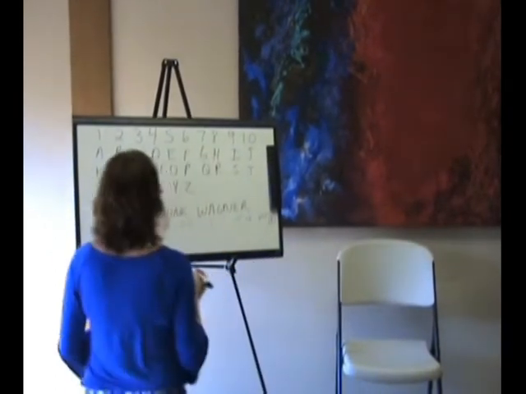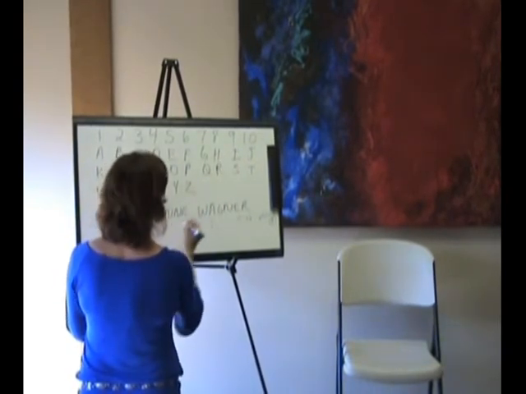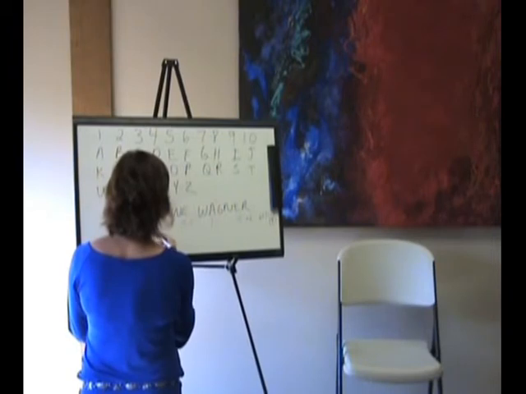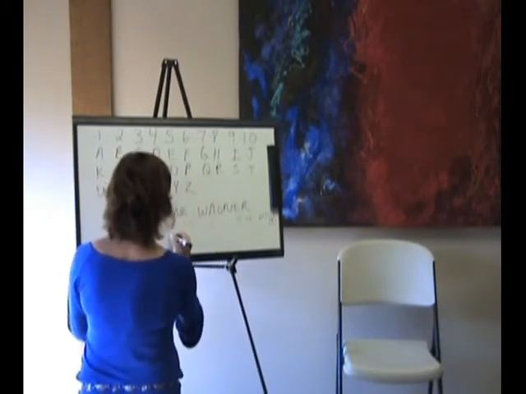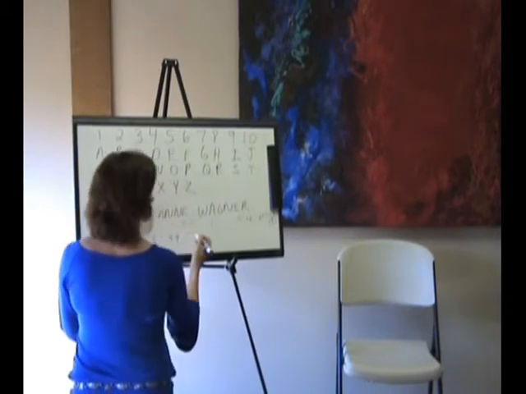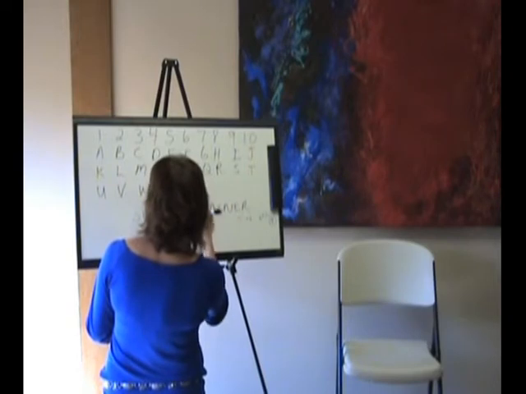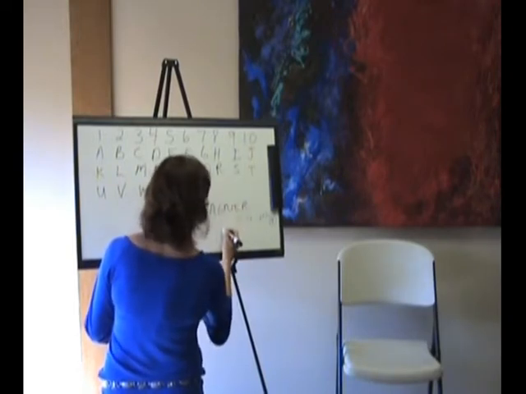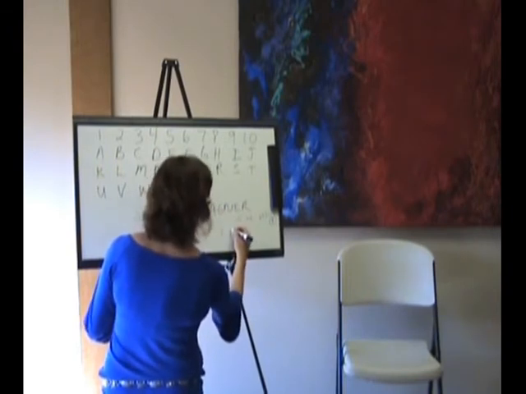Then you do the same with the consonants. The S is a 9. The Z is a 6. The N's are 4s, so there's two 4s. And then the W is a 3. The G is a 7. The N is another 4.